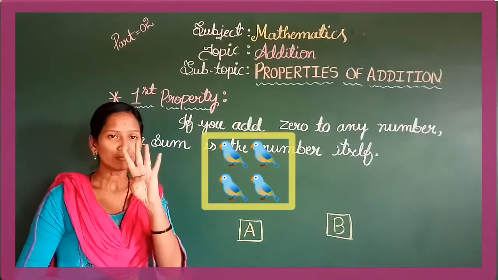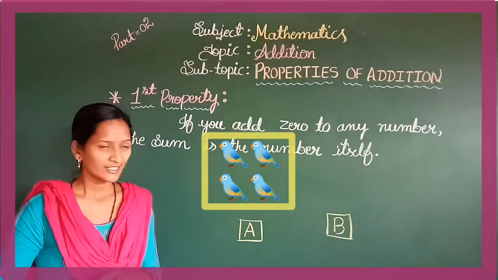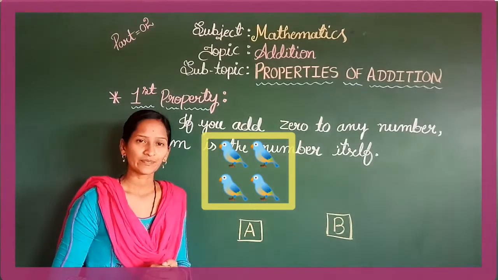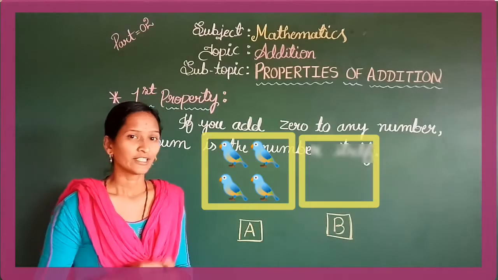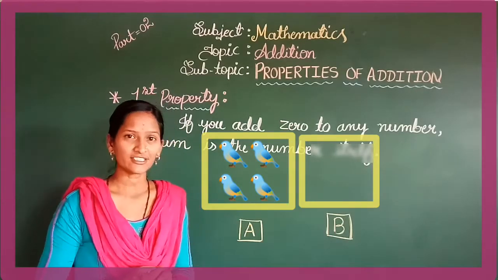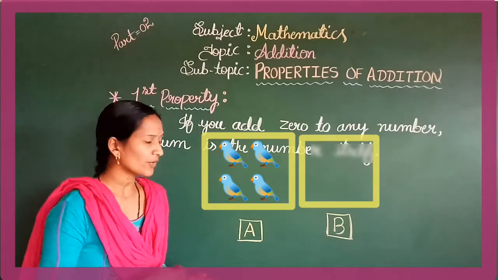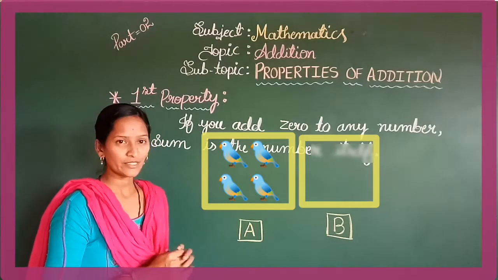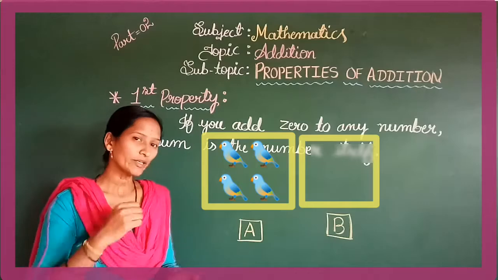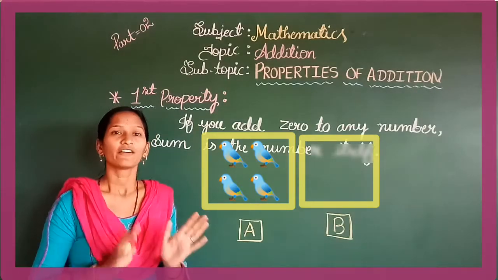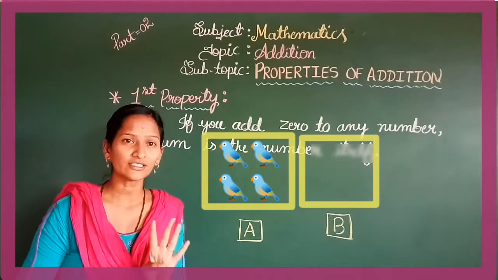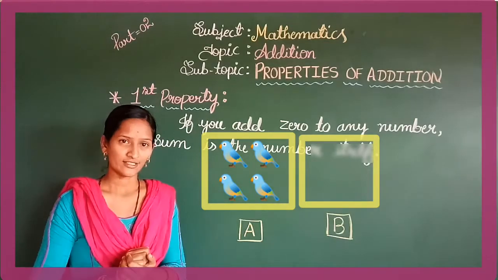There are 4 birds, right? Now come to group B. How many birds are there in group B? There are no birds. If you add both groups, A and B, how many birds are there? After adding both groups, we get the same number of birds, 4 birds.